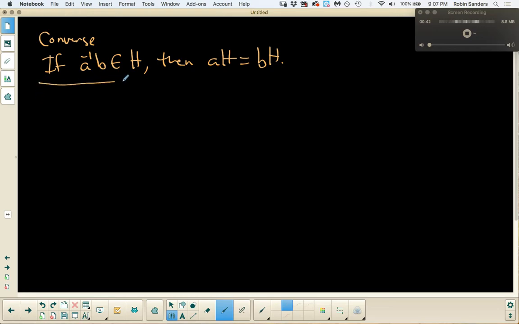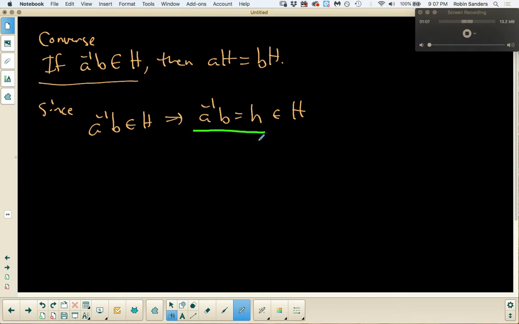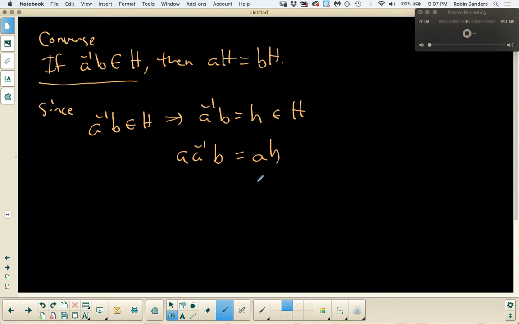Well, there's our hypothesis. Since A inverse B belongs to H, we can write that A inverse B is equal to some h inside capital H. Now we can pre-multiply that equation by A, and we get A times A inverse times B is equal to A times h.